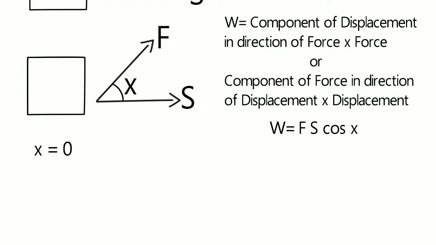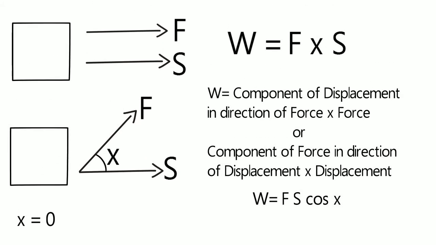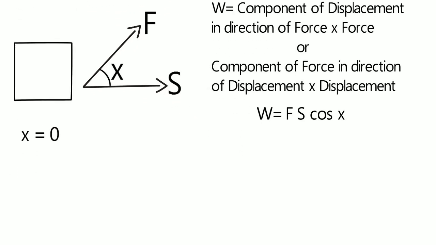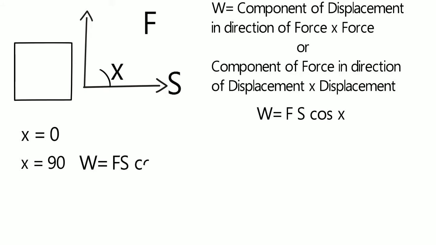Here, the value of x can be anything. If the value of x is 0, it means force and displacement are in the same direction. If the value of x is equal to 90 degrees, it means that the force is perpendicular to the displacement. In this case, the work done is equal to force multiplied by displacement multiplied by cos 90, and the value of cos 90 is 0.